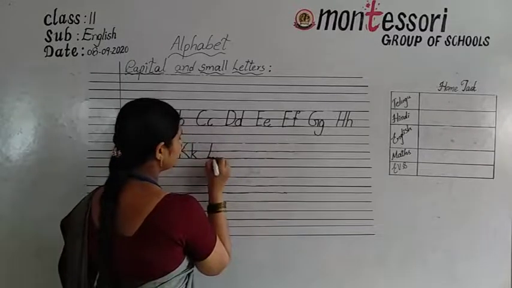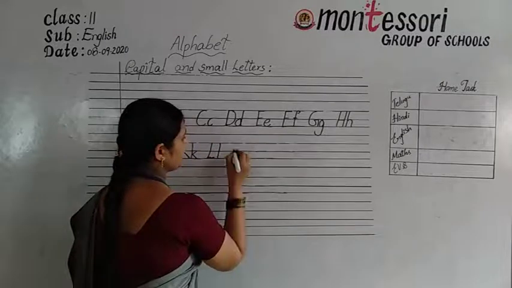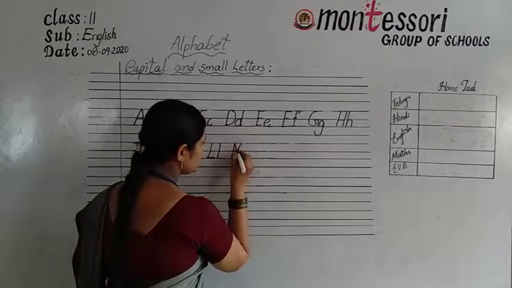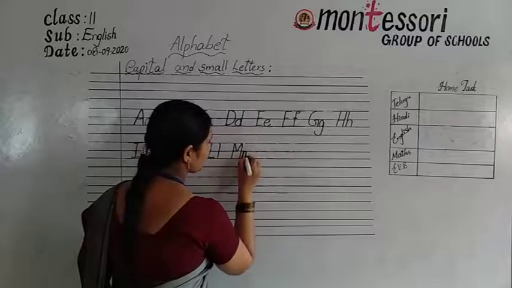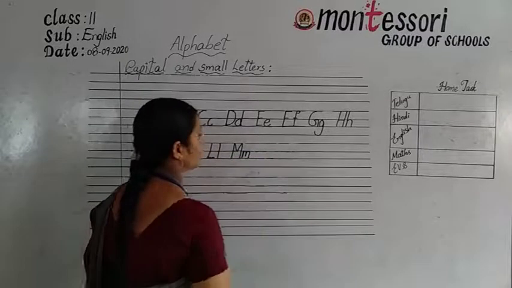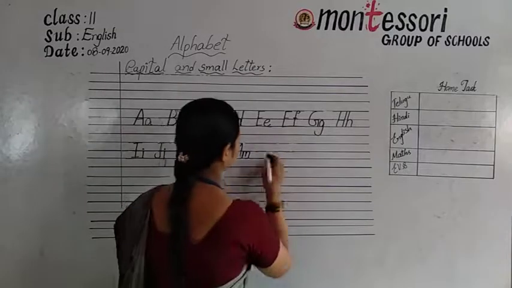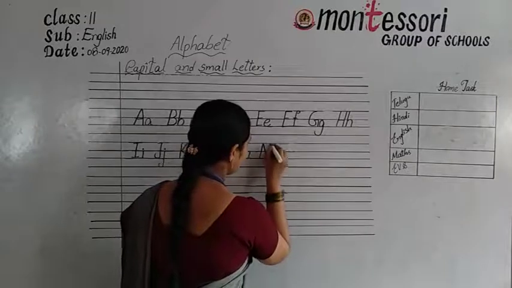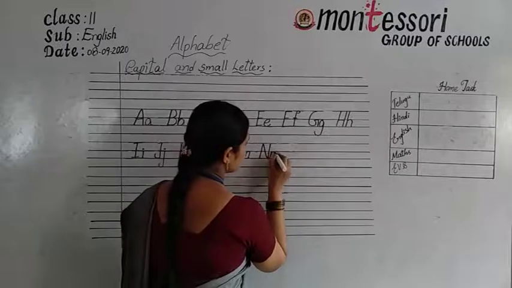Capital L, small l. Capital L, small l. Next letter capital M, small m. Capital M, small m. Capital N, small n.